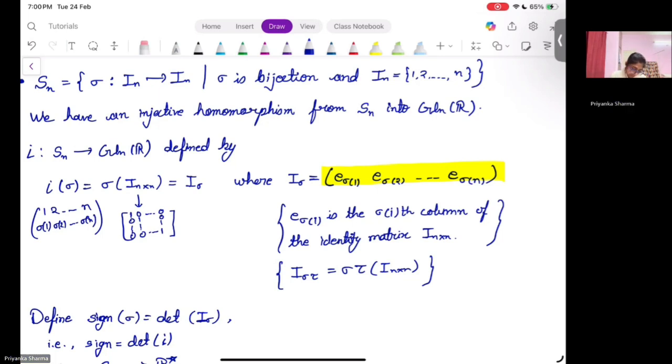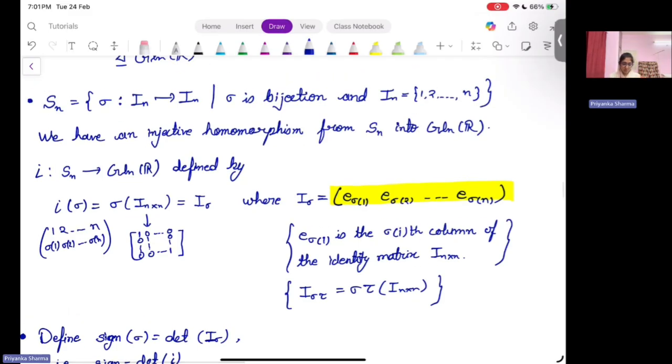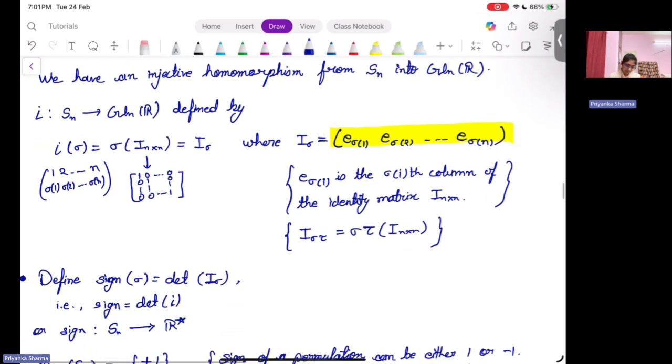The first column of I sigma will be E sigma 1. So if sigma 1 is 5, the first column of I sigma will be the fifth column of the identity matrix. In this way we define I sigma, and the image of sigma under I is I sigma. So this is an injective homomorphism from Sn into GLNR.